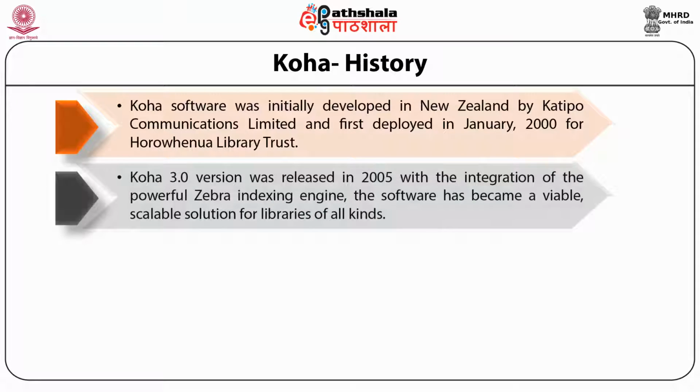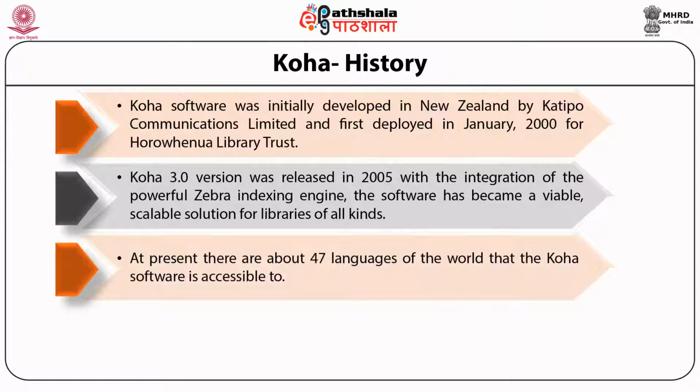With the release of Koha 3.0 in the year 2005 and the integration of the powerful Zebra indexing engine, the software became a viable, scalable solution for libraries of all kinds.